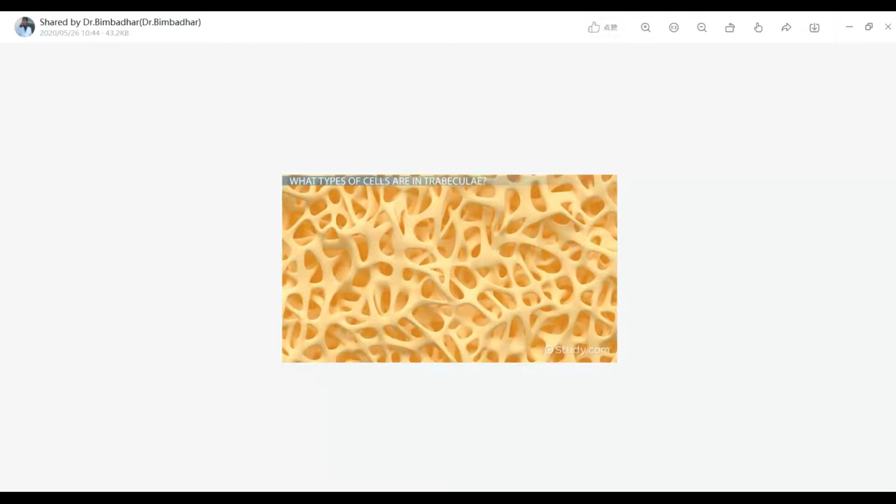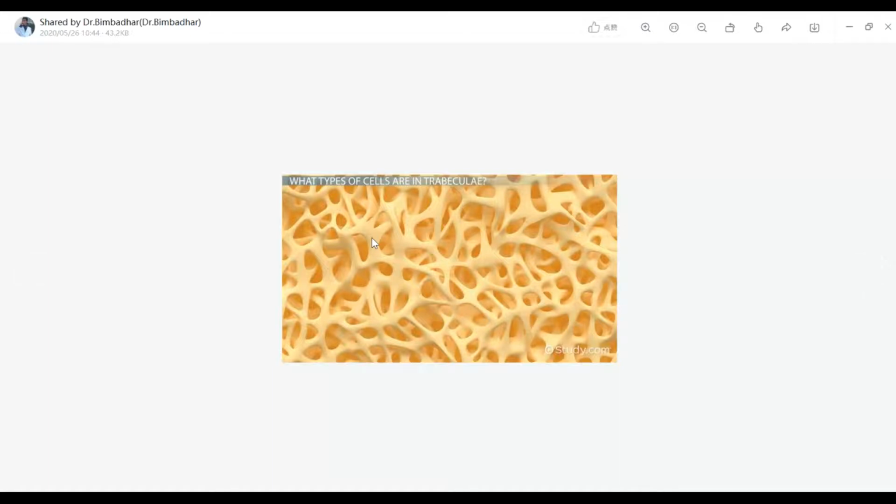So what I meant to say is that when this particular part of the bone shows up on the radiograph as whiteness, it can be happening because of two things. One, this part stayed normal, but the whole part surrounding it became black, so that's the reason only this part looks white.